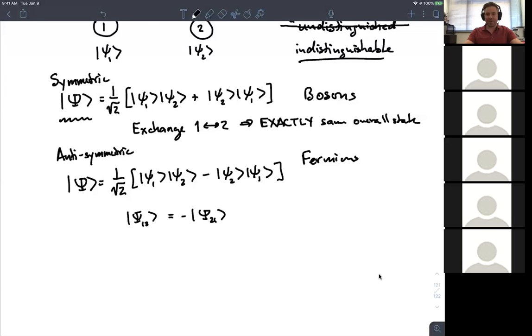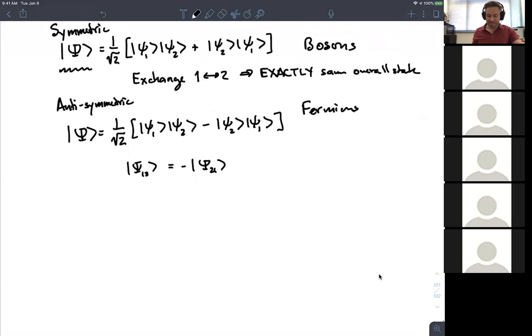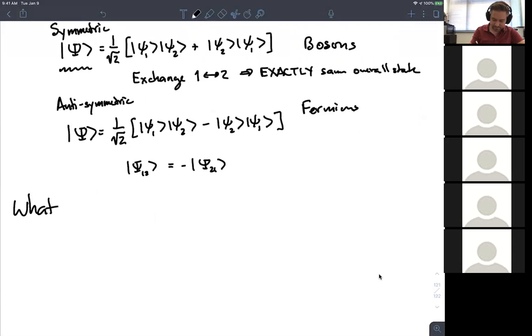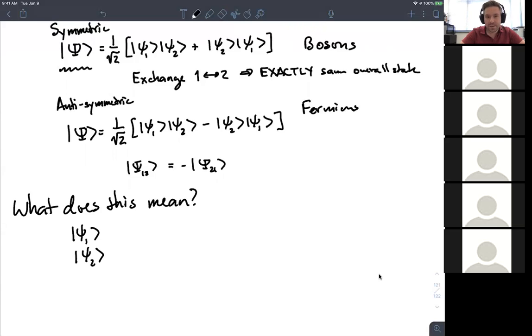All right, so now let's think about what this means. So what does this mean? Let's think about Psi1 and Psi2. First of all, let's consider fermions.